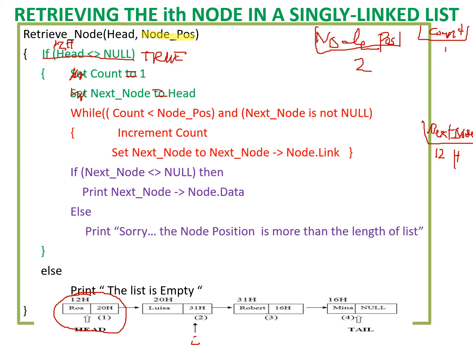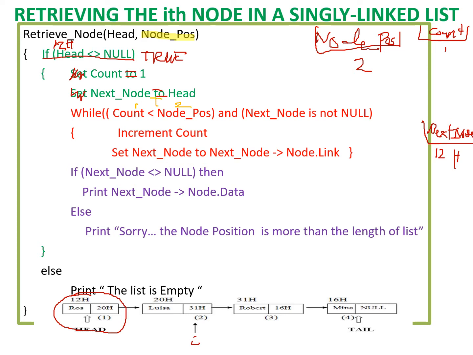We want to retrieve the second element. Now we have to check: is count less than node pos? Count is 1, node pos is 2. Is 1 less than 2? That is true.